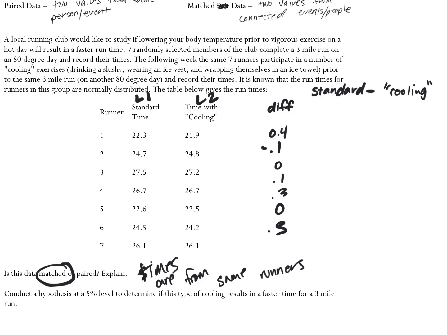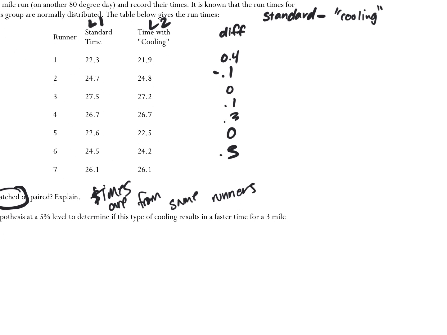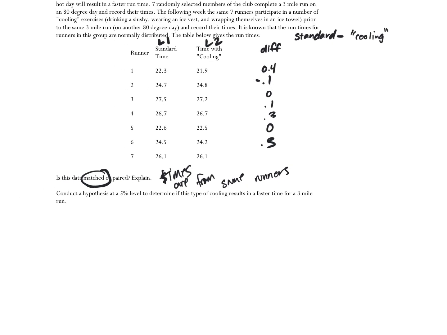And so as you're looking at those, when we're doing these paired data, we're still going to write our hypotheses. But our hypotheses are going to be about mu subscript d for differences.